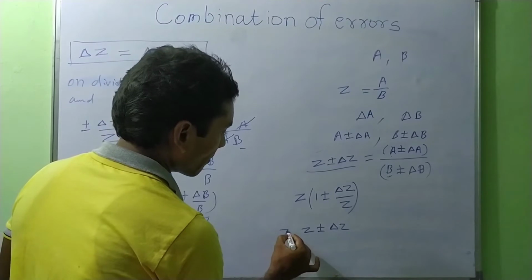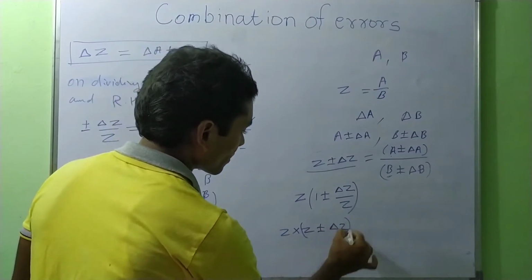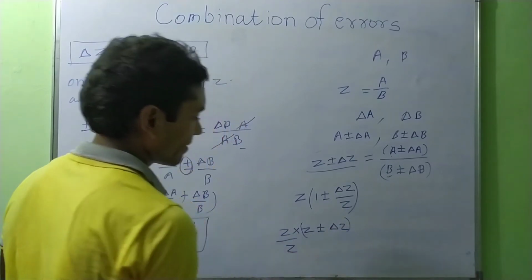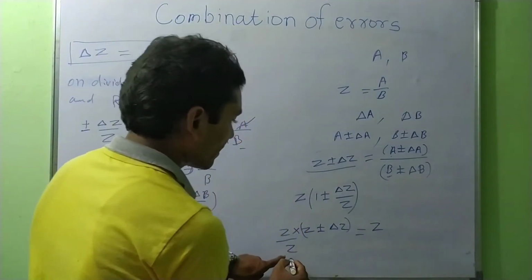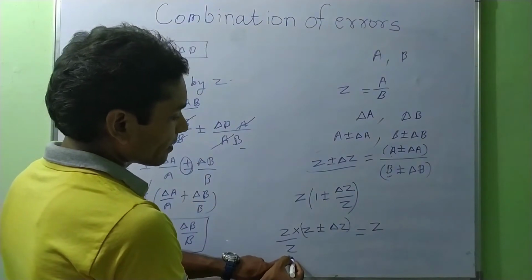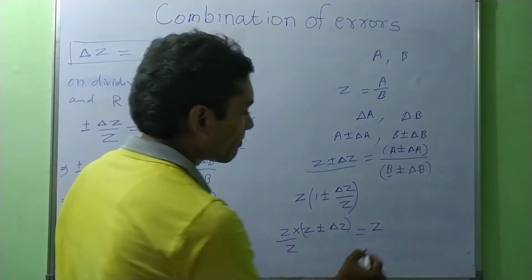To understand this step, Z plus minus del Z is there. Multiply by Z and divide by Z. Take Z as it is and multiply this Z inside the bracket.